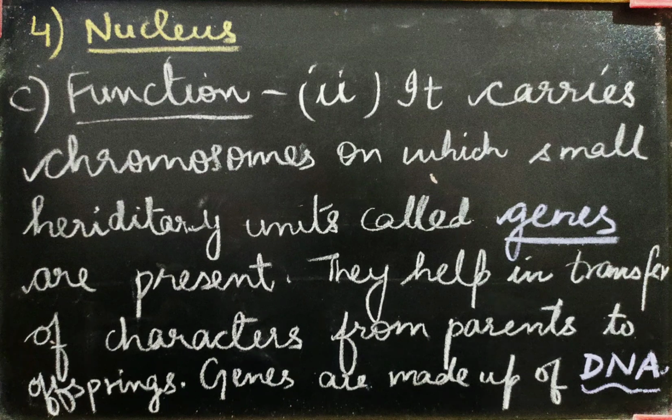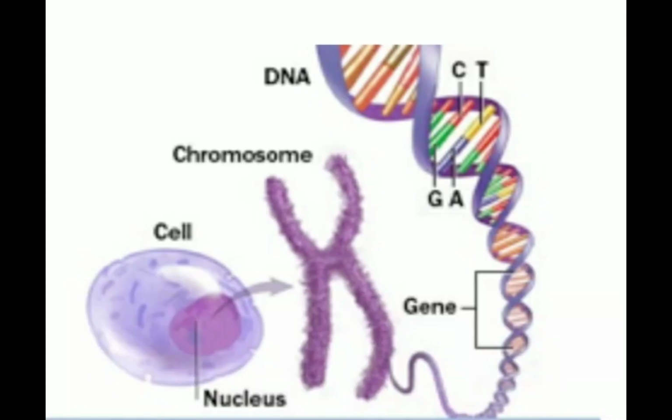Children, also note that genes are made up of DNA. Now children, here you have seen that we have been introduced to a few new terms like chromosomes, genes, DNA.